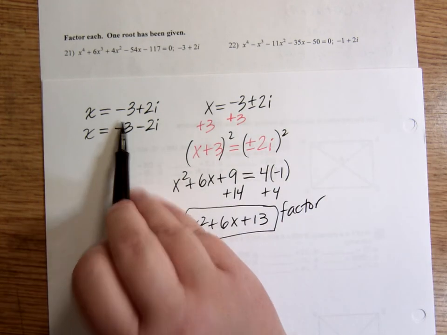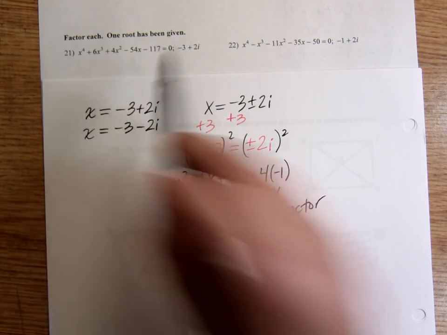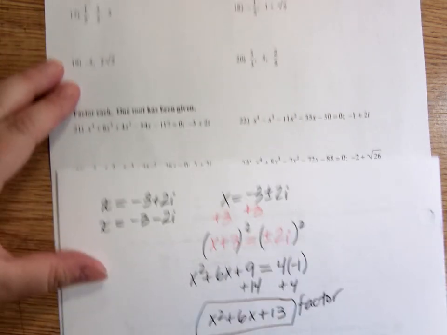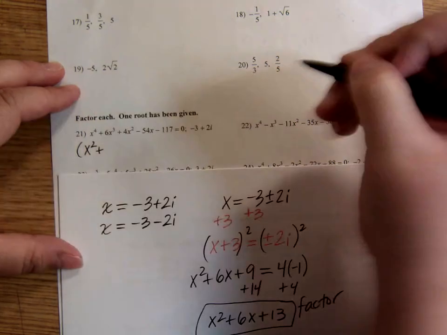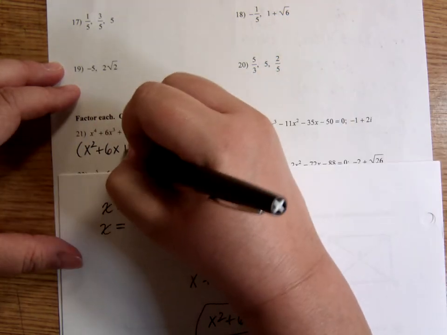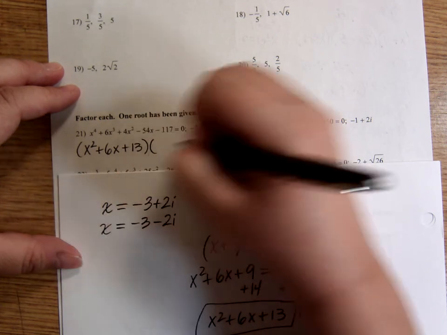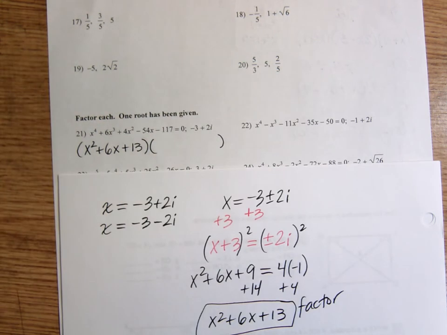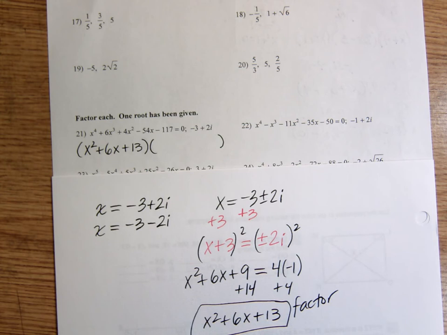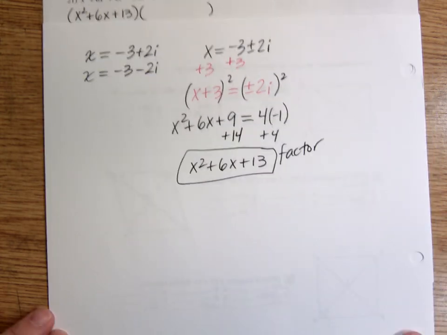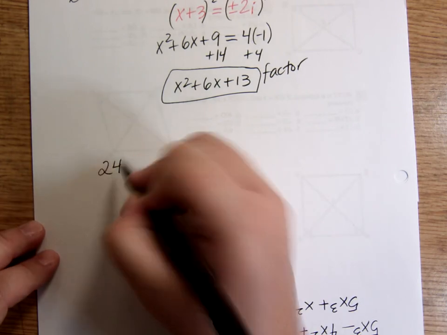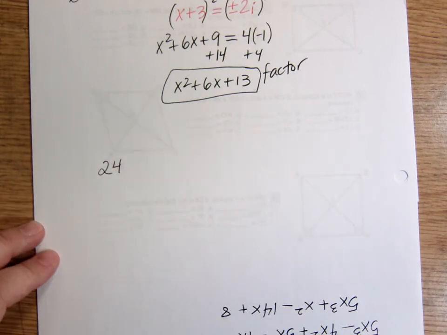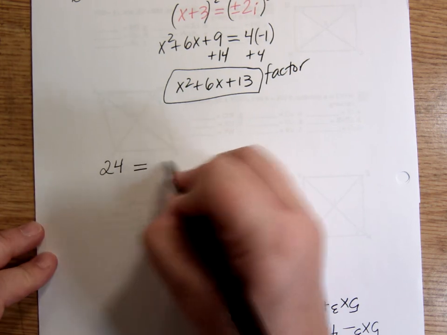So if they want me to factor this whole thing, they're saying, okay, you've got part of it now based on those two roots. You have to find the rest. Well, that's kind of like if I said, let's be super simple, here's my original, and I want you to factor this, and one root has been given, and the root I give you is 6.